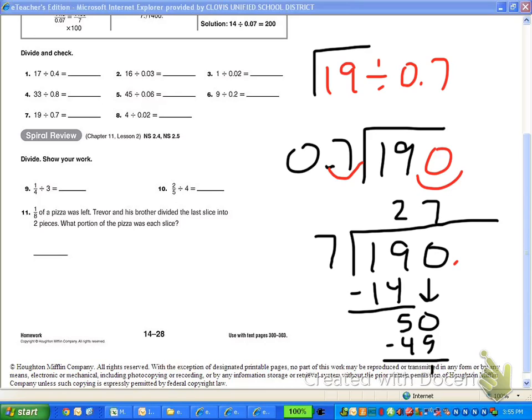Add my decimal. Put it up top. Add a 0. Bring it down. 7 into 10 goes 1 time. And then I'm going to run out of room. It's 3. Add another 0. 7 into 30 goes 4 times. I'll continue it over here.